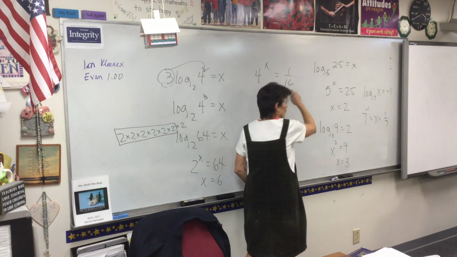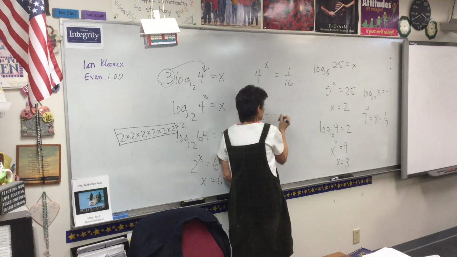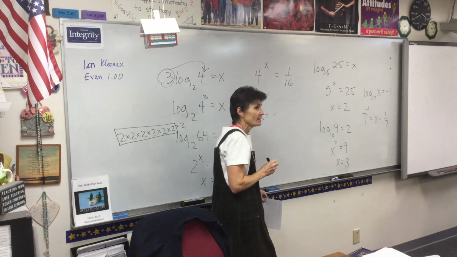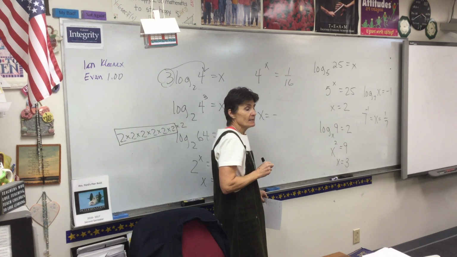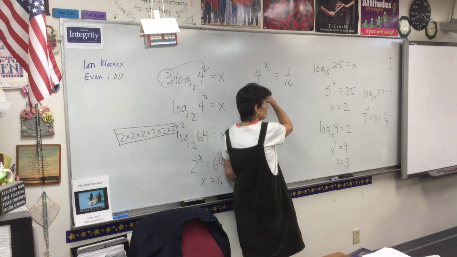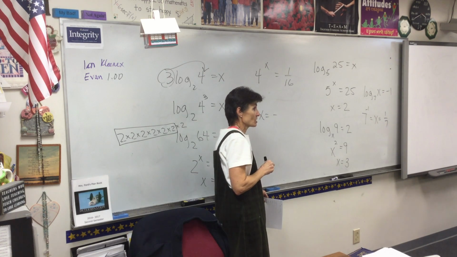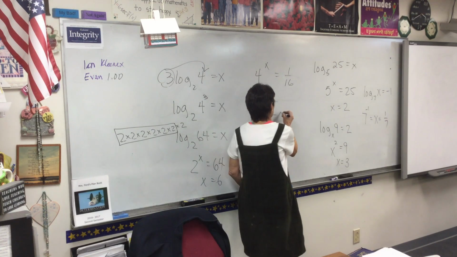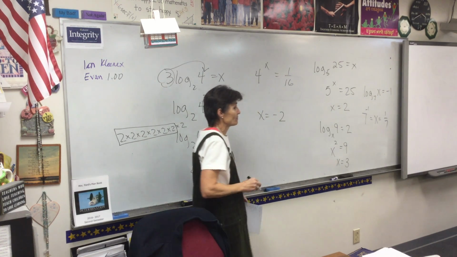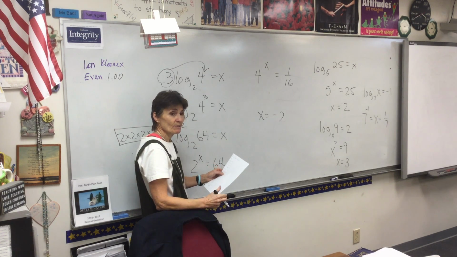The only way you can get 1/16 is if your exponent is negative. Now, I started with a 4, but I got a 16, so that's got to be a 2, 4 squared. And the answer is -2. You got to think.